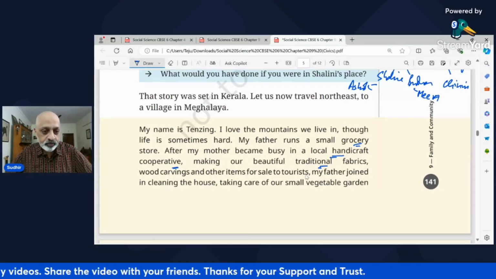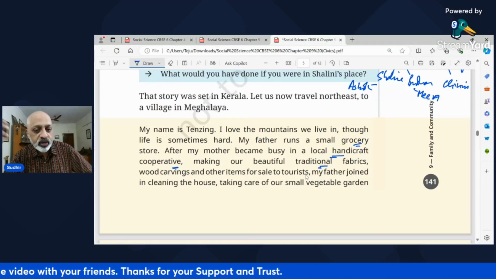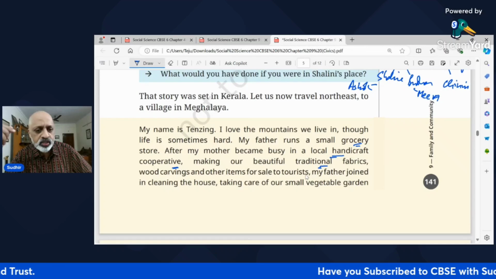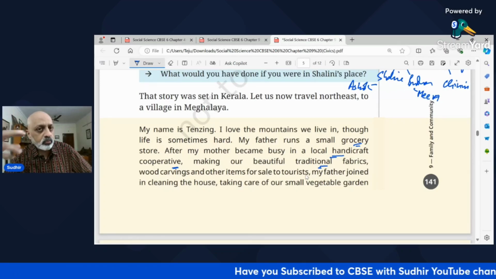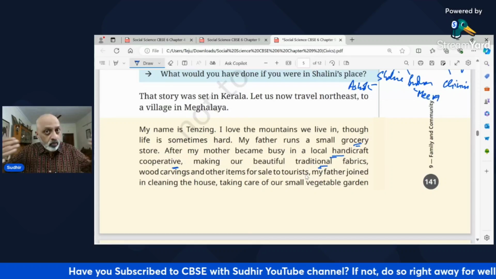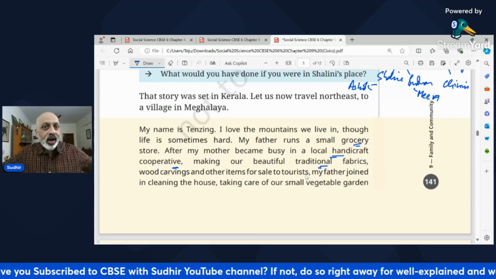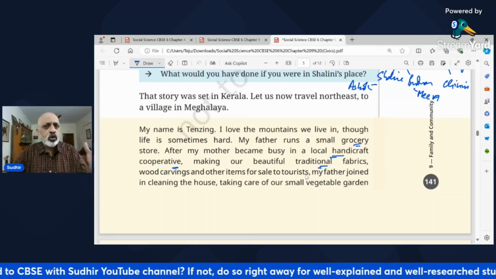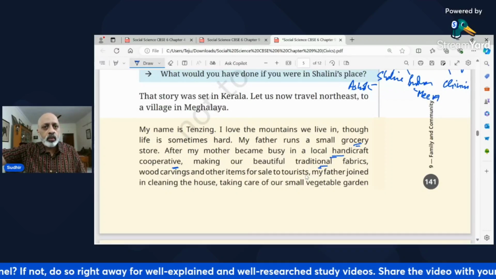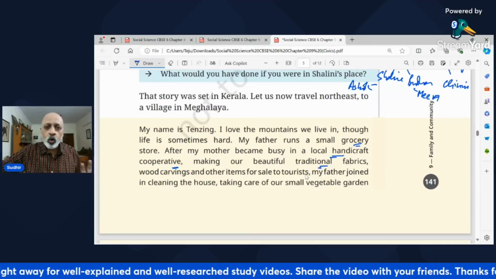So what the wife did was to make traditional fabrics, wood carvings, and other items for sale to tourists. And the father would work to clean the house. There are people who work from home and help in the household duties. The traditional roles: the father would go out to earn for the family while the mother would be a homemaker.